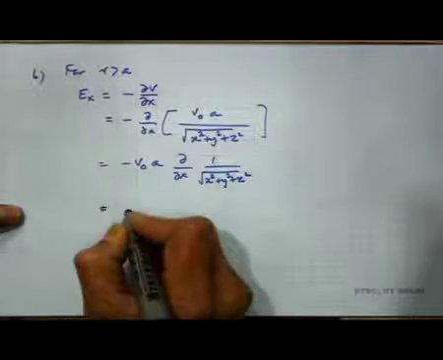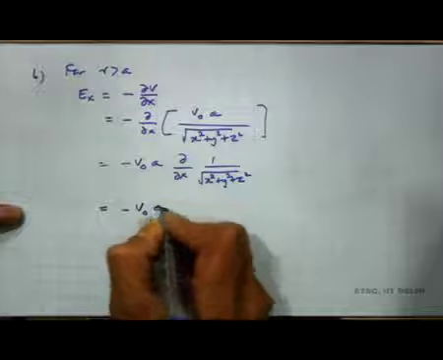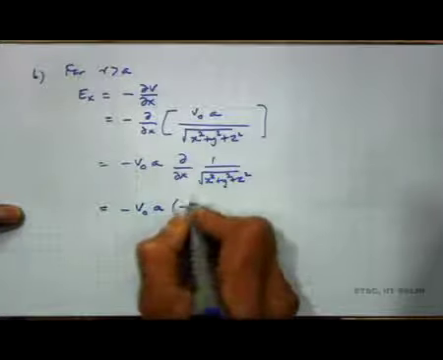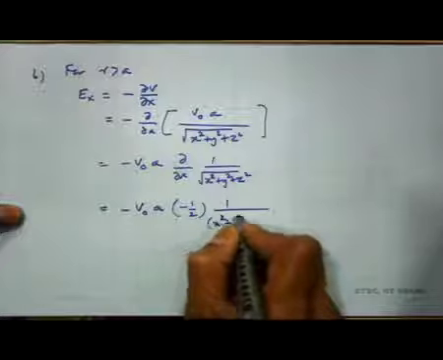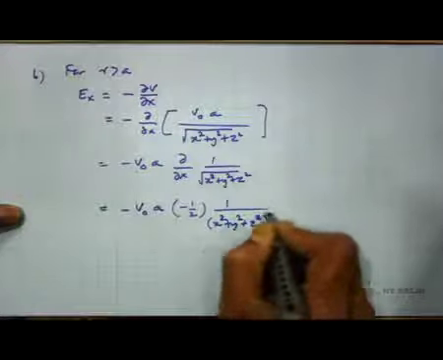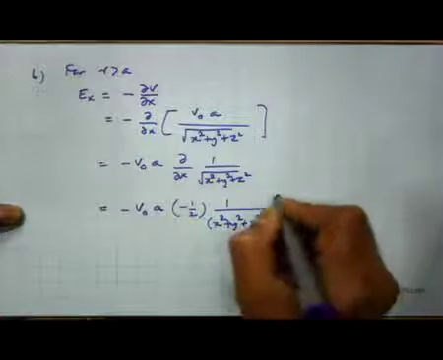This is a simple differential. So, minus V naught a into minus half 1 by x square plus y square plus z square raised to the power 3 by 2 into 2x.